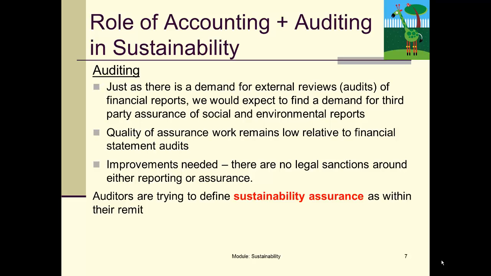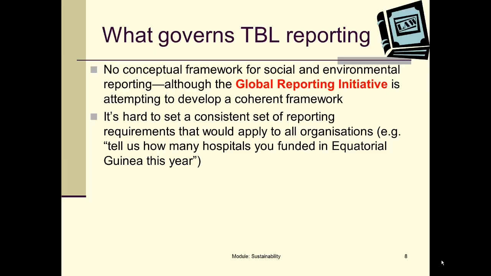So when an organisation says we've emitted 50 tonnes of carbon this year, who's going to check that? The auditors argue that they have a role to play there. Auditing standard setting bodies include that type of assurance in their framework, but there aren't many assurance standards relating to that aspect just yet.